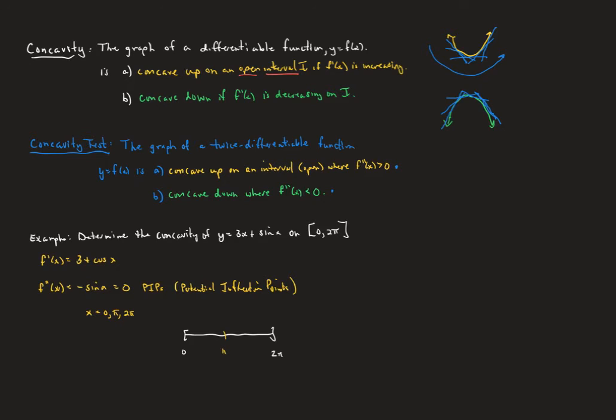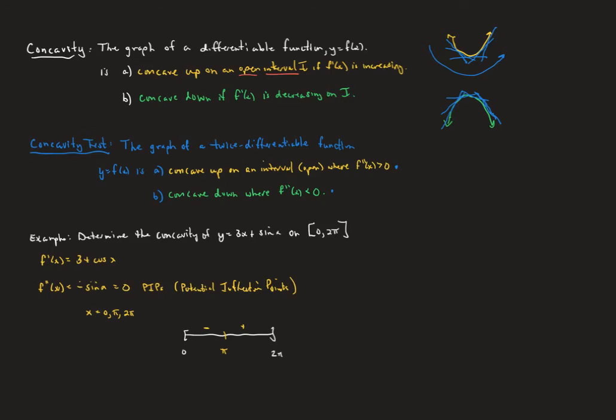And we know pi is going to be halfway in between. If we plug in a number in between 0 and pi, say pi over 2, sine of pi over 2 is 1. The negative of that would make it a negative 1, so it's going to be negative in that interval. And to the right of pi, say at 3 pi over 2, sine of 3 pi over 2 would be a negative 1 times a negative makes that positive.